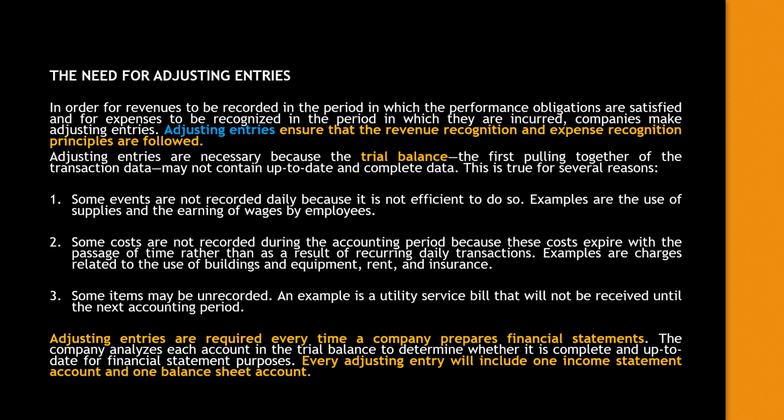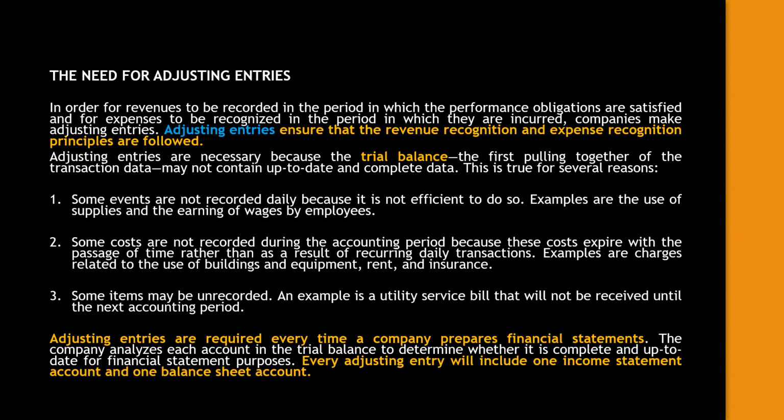The reason is that some events are not recorded daily because that's not efficient, right? For example, supplies and earned wages of employees. Another reason would be costs not recorded during the accounting period because these costs expire through time rather than through recurring daily transactions. For example, building and equipment rent and insurance.